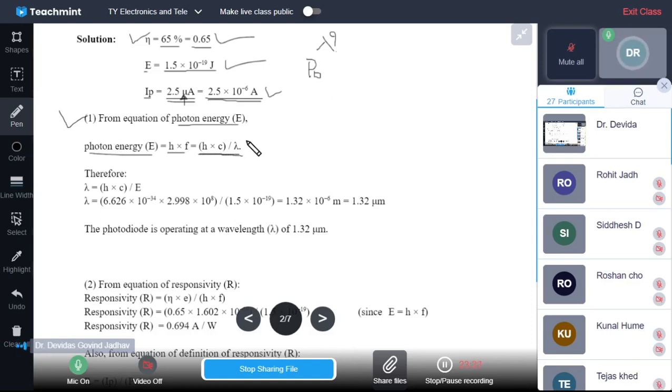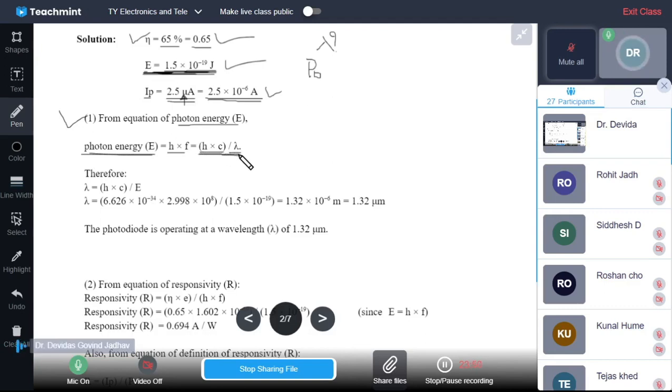Here C and H are known constants, and photon energy is given as 1.5 into 10 raised to minus 19 joule, so we can calculate lambda.